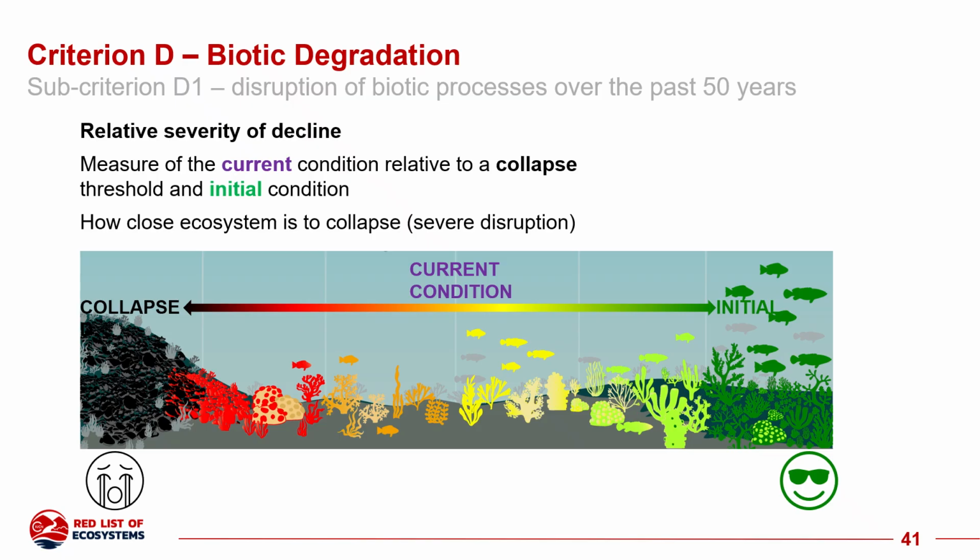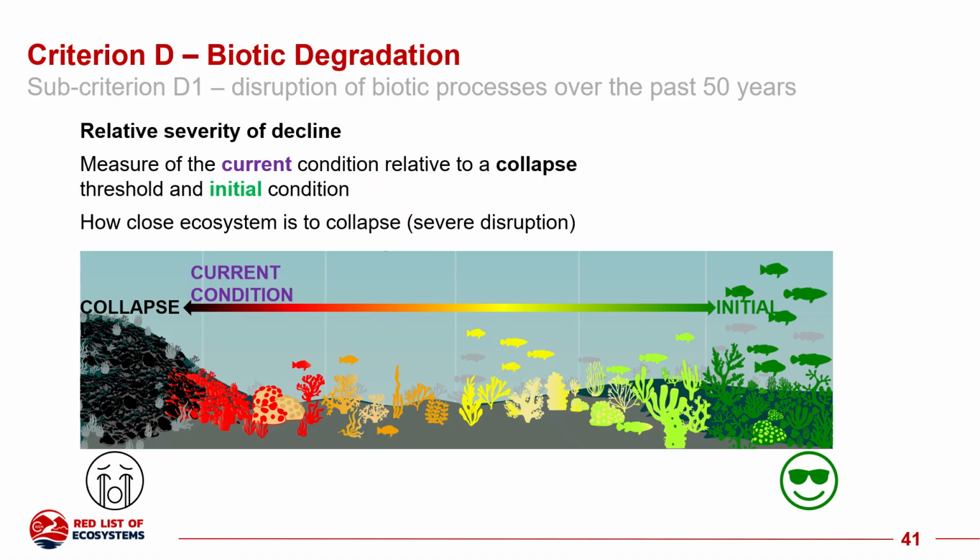This method evaluates how close each ecosystem component is to collapse or severe disruption over a specified time period, in this case, 50 years. Effectively, it gives a measure of where each component is today, relative to both the state of the reef 50 years ago and a hypothetical collapse point where that biotic component is considered no longer functional.